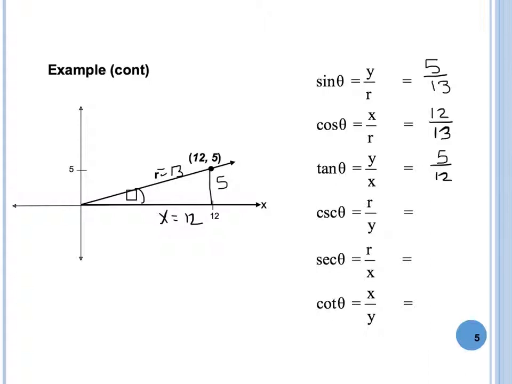And now for the last 3, I'm just going to flip my fractions. And we have all 6 trig functions based off of the right triangle that we had from that ordered pair.